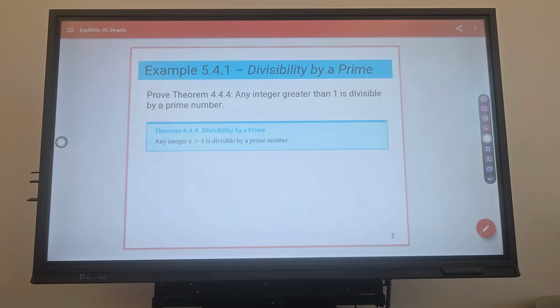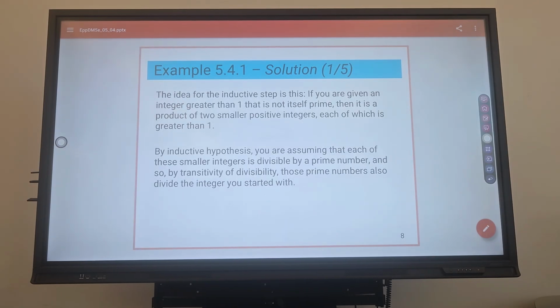Well, the idea for the inductive step is this: if you're given an integer greater than 1 that is not itself prime, then it is a product of two smaller positive integers, each of which is greater than 1. By the inductive hypothesis, you are assuming that each of these smaller integers is divisible by a prime number. And so, by transitivity of divisibility, those prime numbers also divide the integer you started with.